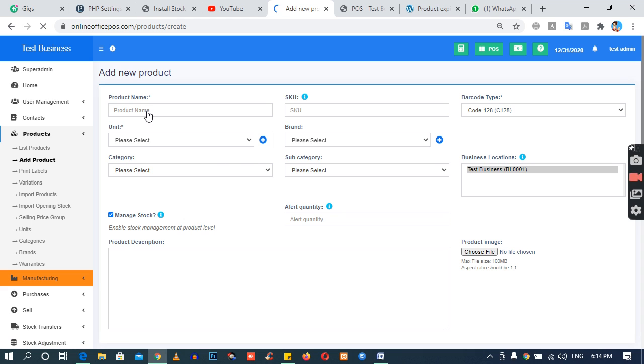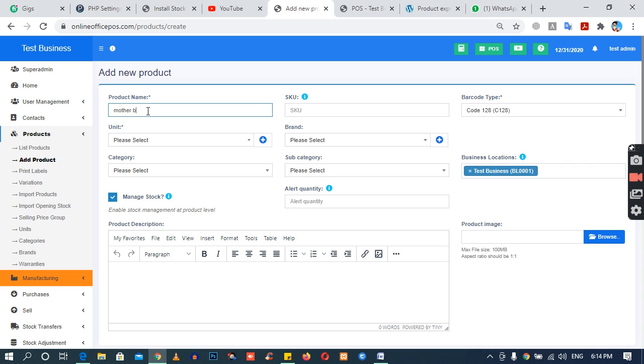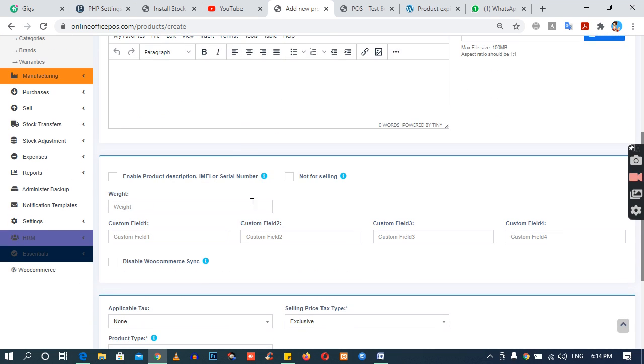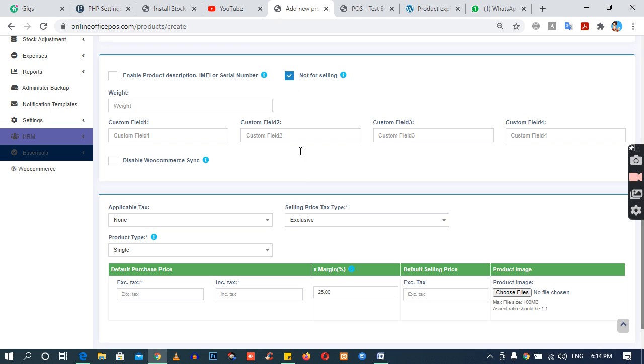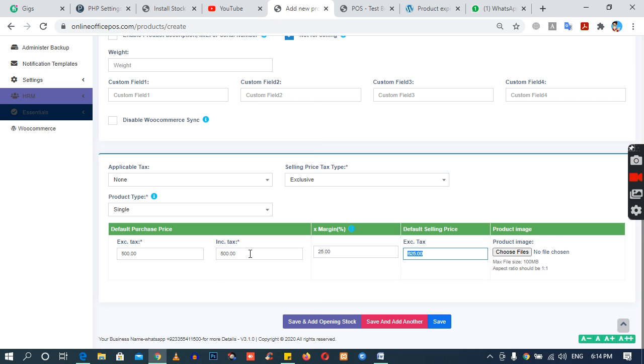Some more products, like motherboard HP, for example, and not for selling. Cost is 500.